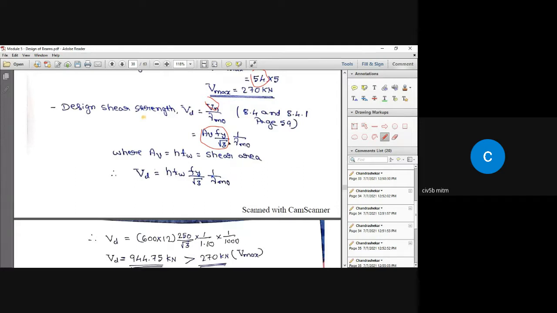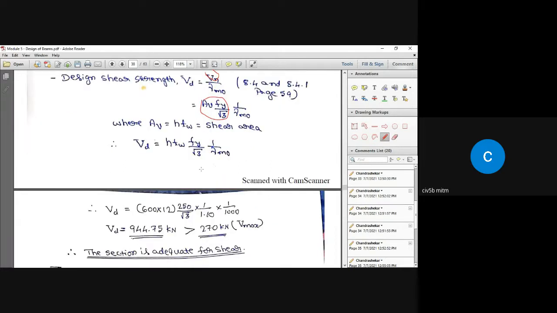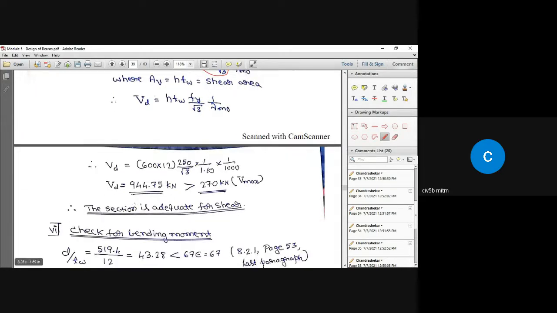So substitute the values. That is Vd equal to AV is H multiplied by TW, times Fy by root 3 divided by gamma m. By substituting the values, we can find out what is the Vd value. So what is the Vd value? 944.75 kilonewton, that is greater than 270 kilonewton.